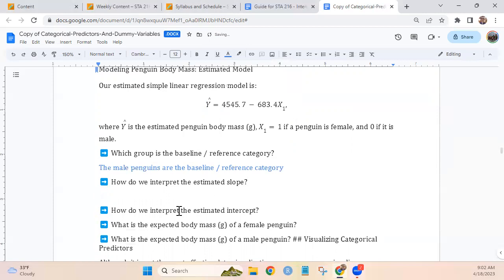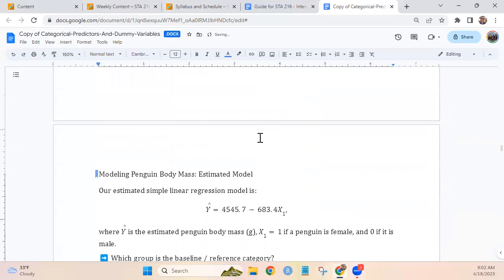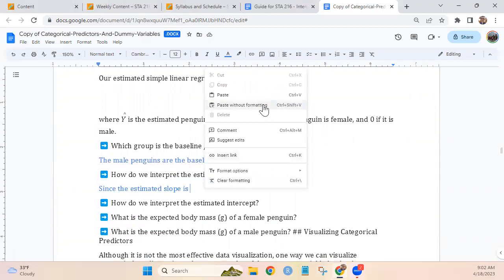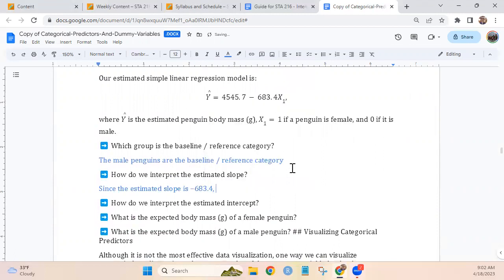Since the estimated slope is this, what does that mean? Anybody want to help us out with that?